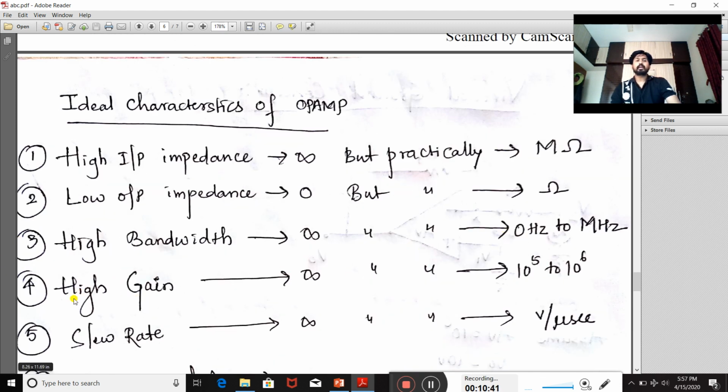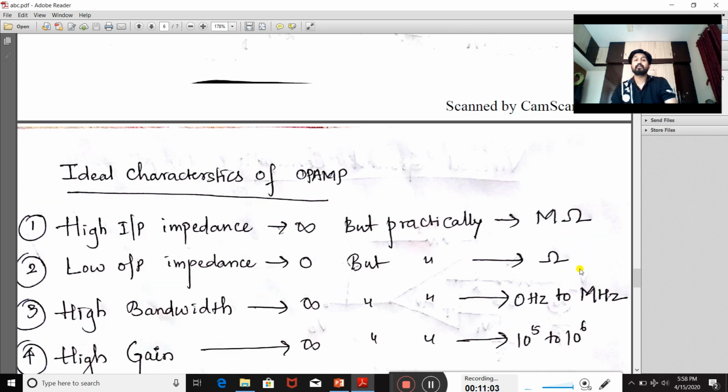And high gain, that means the open loop gain of the operational amplifier is infinite, a very high value, though practically it is not possible to get infinite. It should be in the range of 10 raised to 5 to 10 raised to 6, again in terms of mega value.